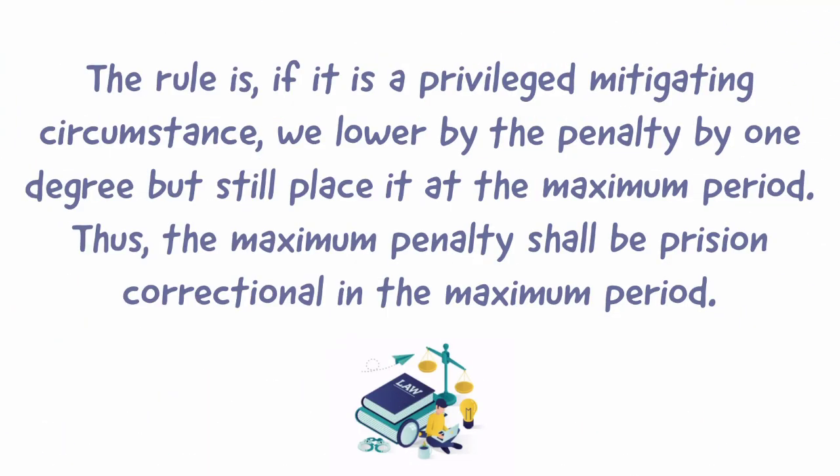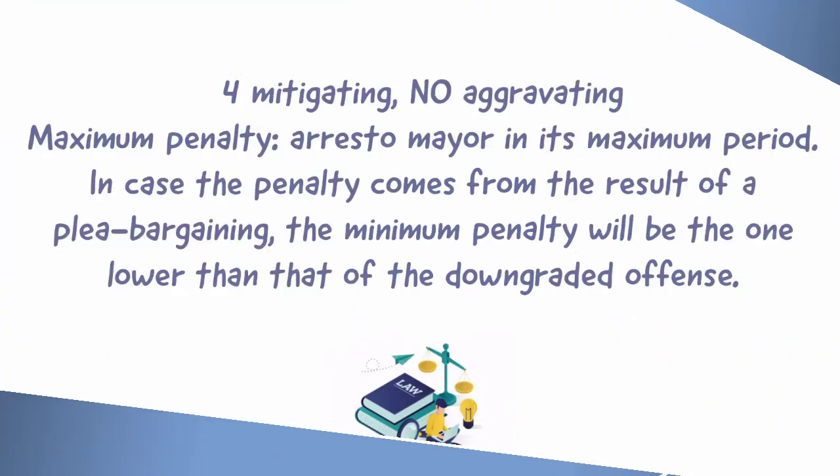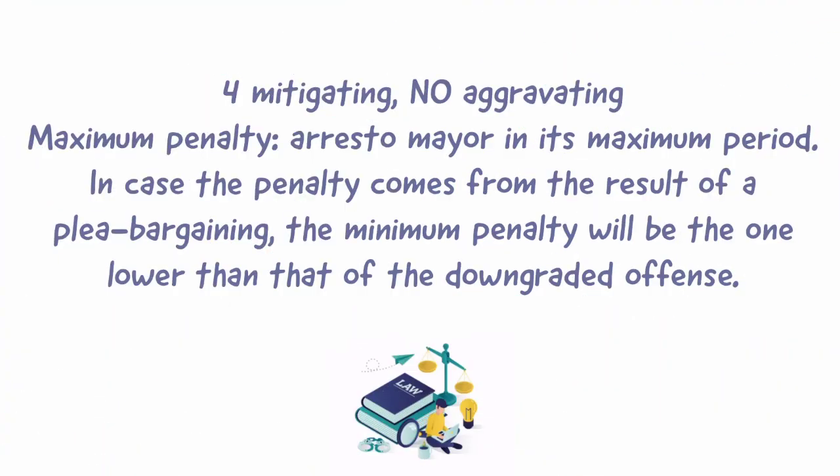The rule is, if it is a privileged mitigating circumstance, we lower the penalty by 1 degree but still place it at the maximum period. Thus, the maximum penalty shall be prison correctional in the maximum period. 4 mitigating, no aggravating, maximum penalty, arresto mayor in its maximum period.